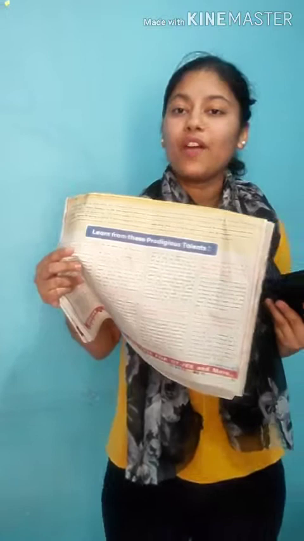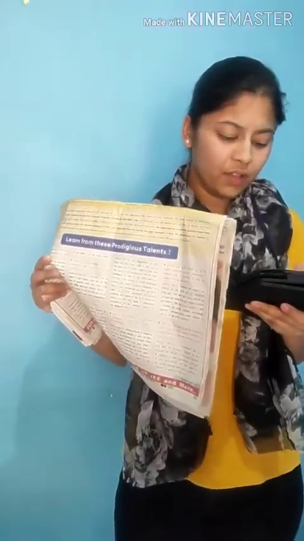As many of you have read the newspaper, what kind of different articles do you think come in the newspaper? We will now be learning about different types of news articles that appear in the newspaper.